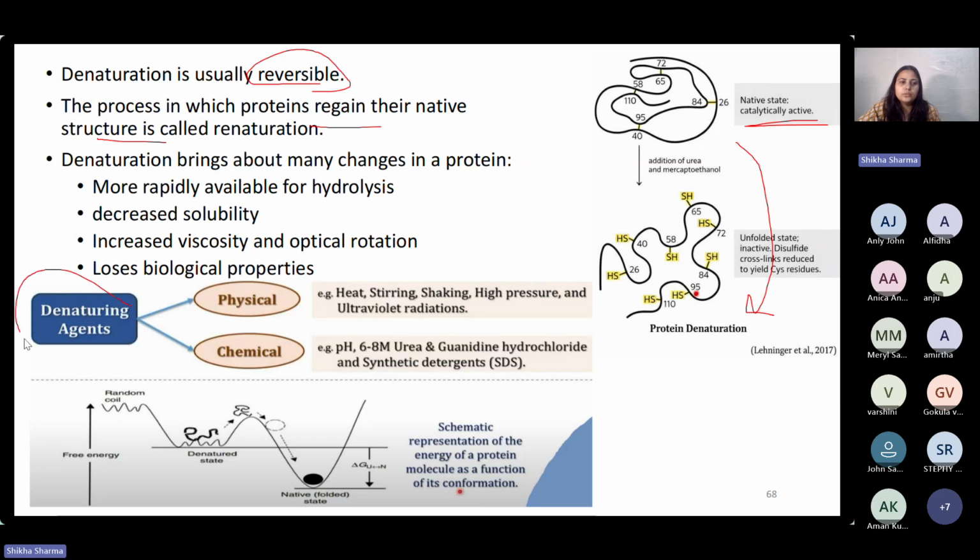So denaturing agents can be physical and chemical. Physical means if I'm giving heat, or I'm stirring, or shaking, providing high pressure or ultraviolet radiation, those are all physical denaturing agents. And chemicals are like pH, adding 6 to 8 molar urea, or other compounds, SDS, synthetic detergents.